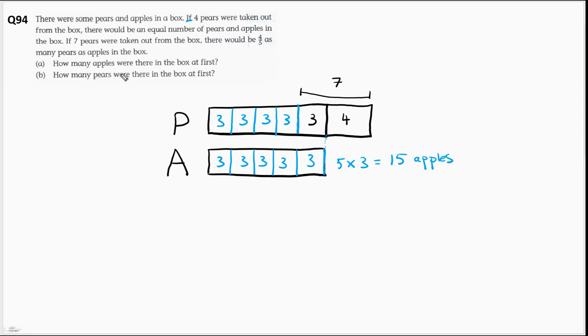Okay, all right, so how many apples? 15. And how many pears were there in the box at first? Well, we have got 15, haven't we? Because if this is 15, so is this, plus an additional 4. So this is just 15 plus 4, which is 19.